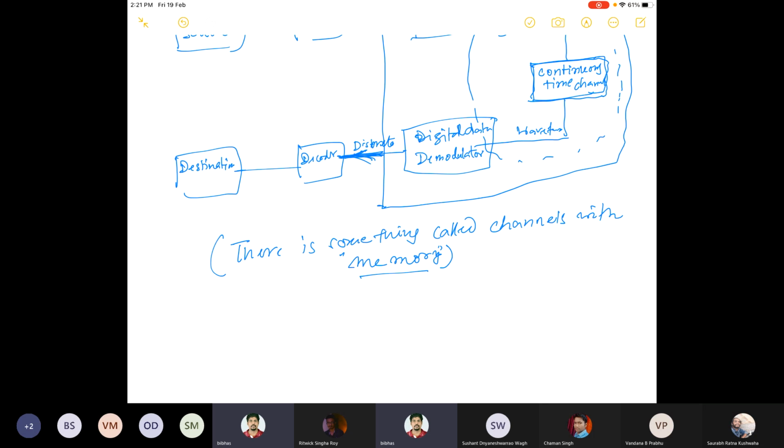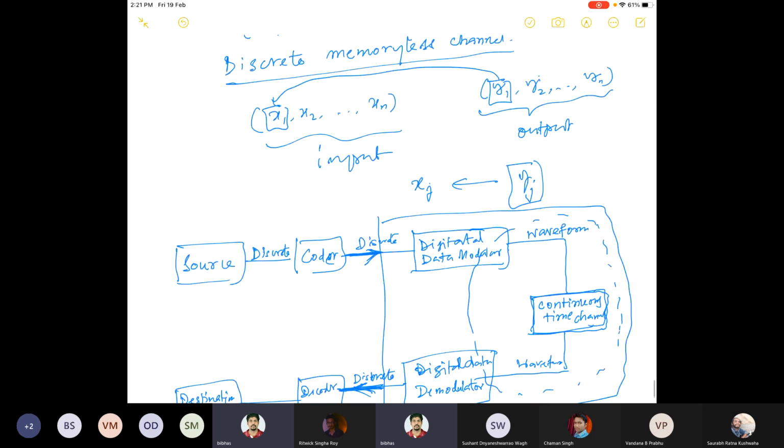Channel with memory is the complement of memoryless. In a memoryless channel, yj depends only on xj. But in a channel with memory, yj can depend not only on xj but also on other inputs, maybe xj minus 1, xj minus 2, and so on. So the jth output depends on more than the current input, on previous inputs too.